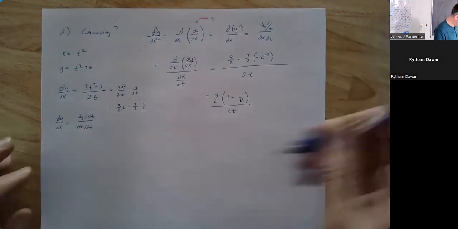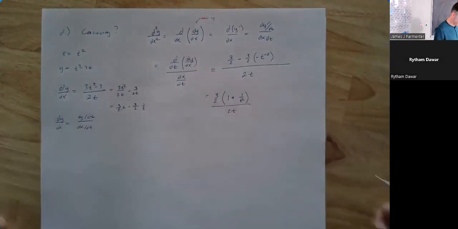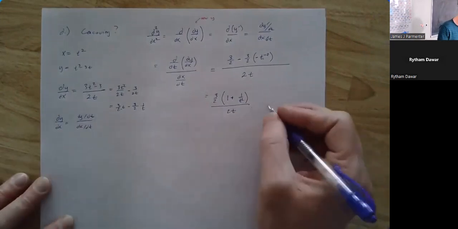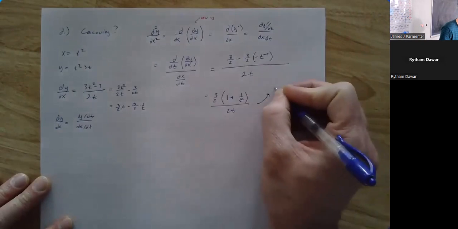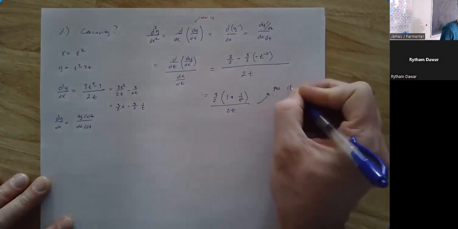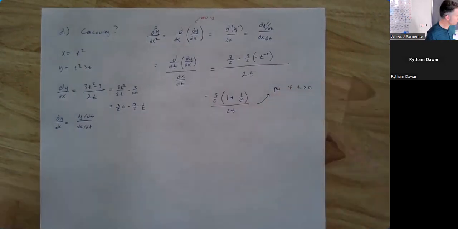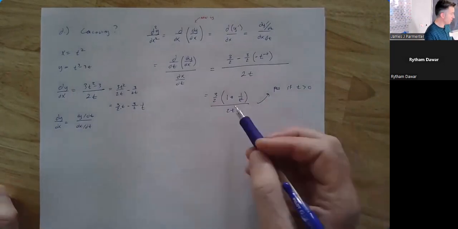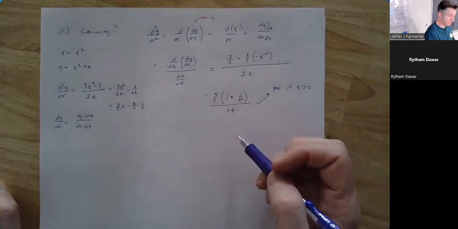Well, let's take a look here. If I simplify this a little bit, do I really want to? I really don't. I'm just going to talk about how this is certainly positive if t is positive. The top is always positive, the bottom is 2 times t, which is positive.